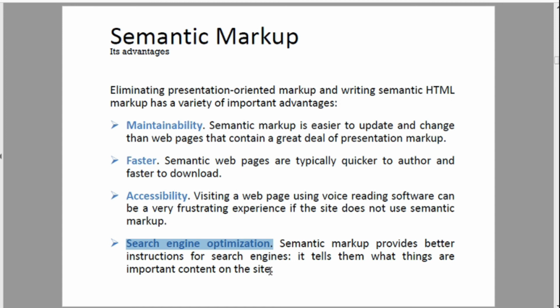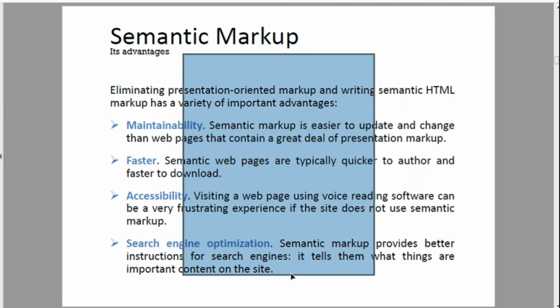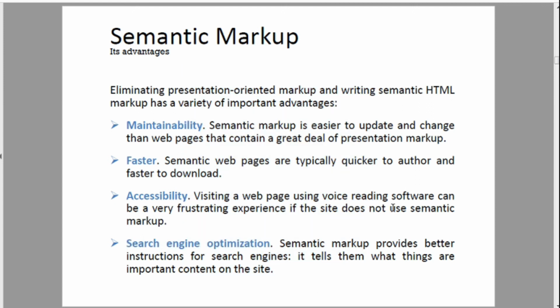If you are making use of Google to search web pages, your pages will be accessed based on how you have written the content or what structure you have used to place it. So it becomes very easy to search such web pages if you are making use of semantic markup. So this was about the topic of semantic markup.